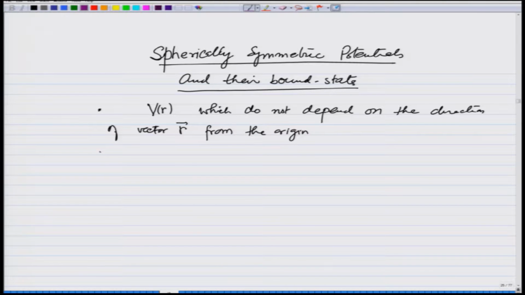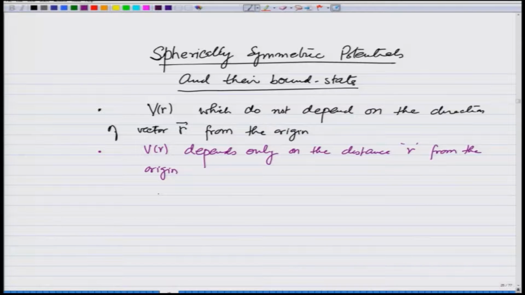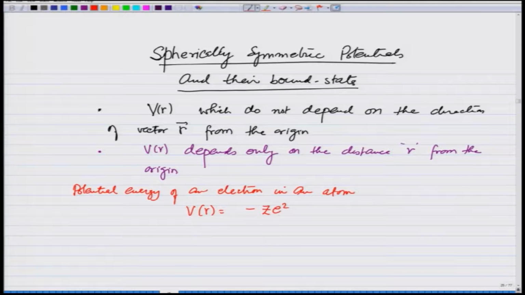What they do is they depend, V(r) depends only on the distance r from the origin, and these will include potential energy of an electron in an atom, where the potential energy V(r) is given as minus Z e square over 4 pi epsilon 0 r.